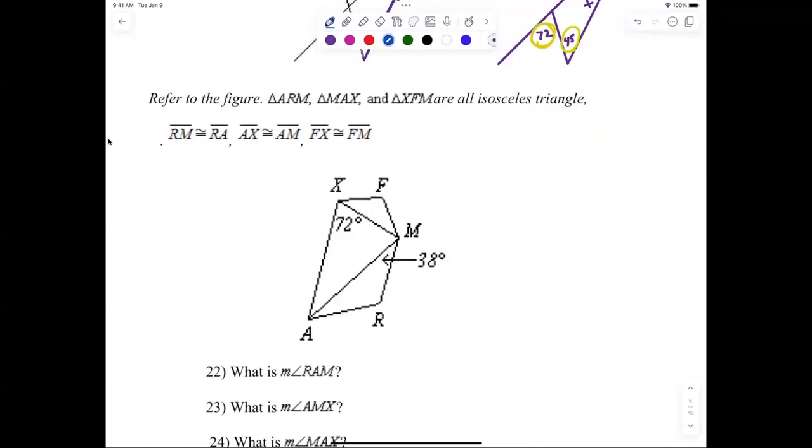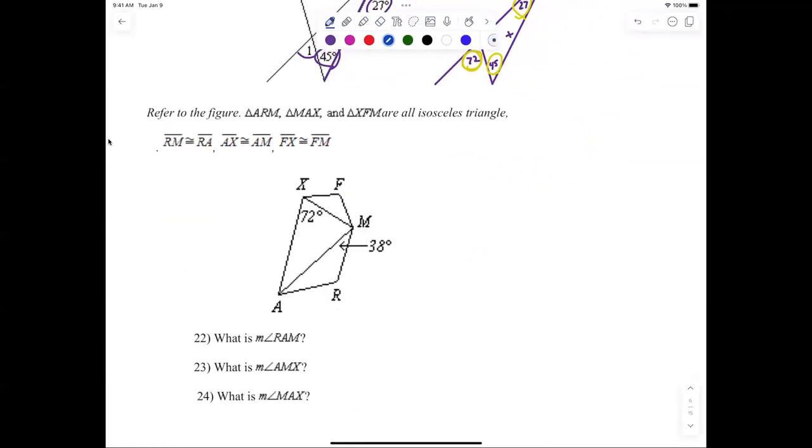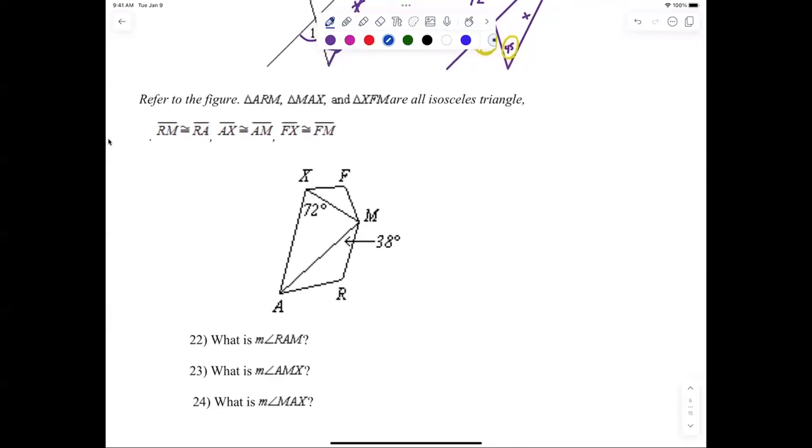Let's look down. Let's look at these. All right. Now here you have to be careful. Mark RM congruent to RA. And as soon as I mark that, then I can just come over here and mark this 38, and then 38 and 38 is 76, so then angle R is 76.